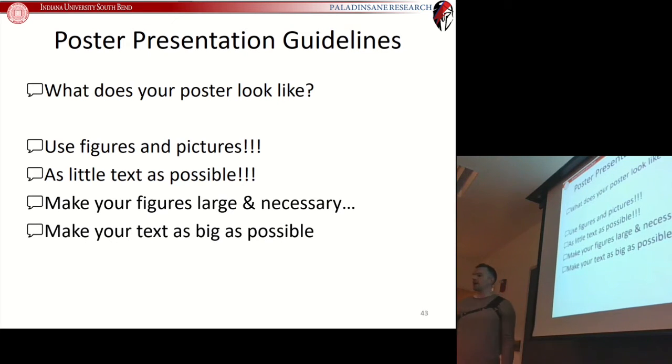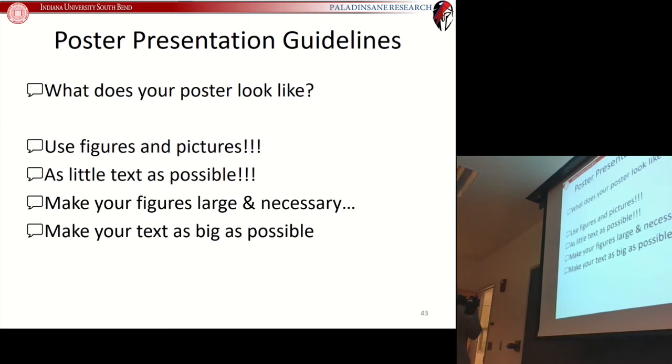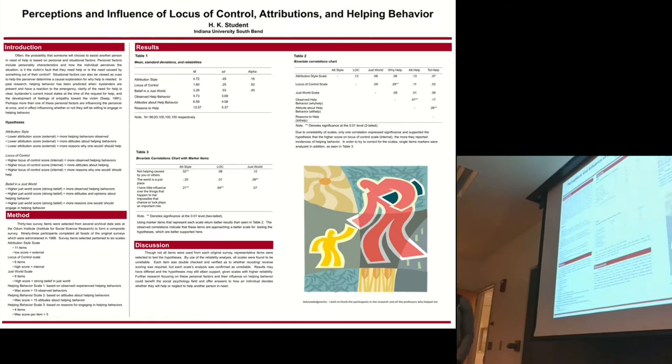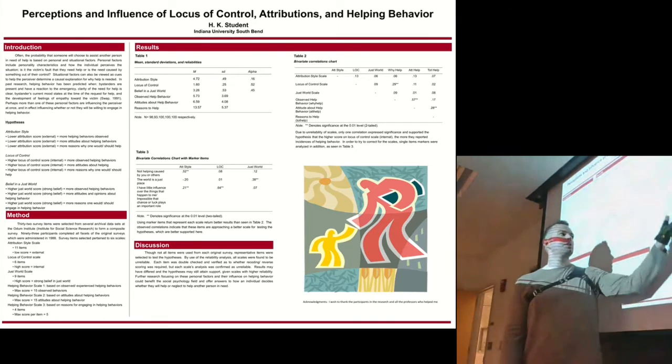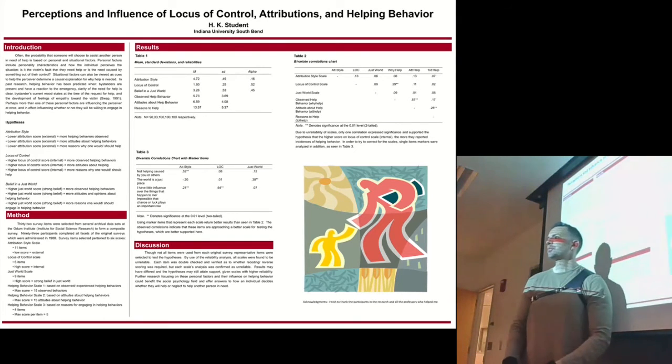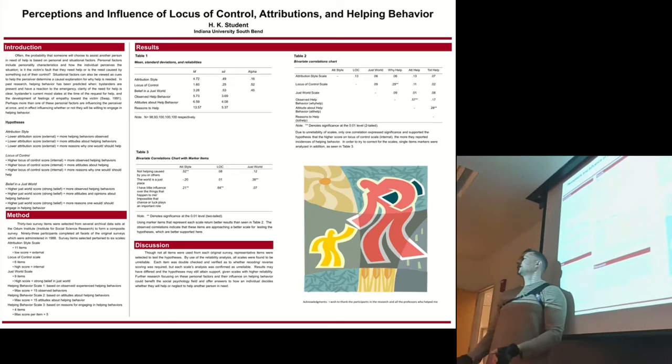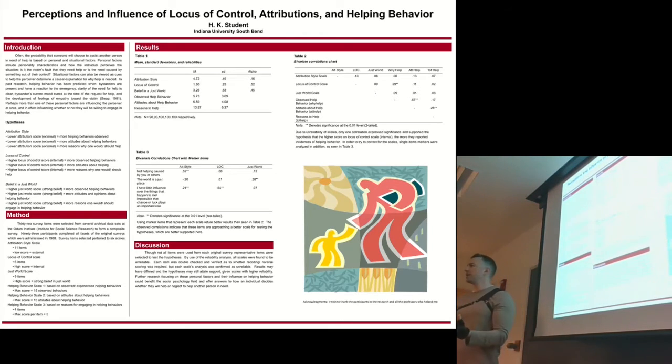So one thing that really is a bit of a pet peeve for posters is when I see something that looks like this. So perceptions and influence of locus and control attributions in helping behavior, right? You might think to yourself, well, this is helping behavior. Look, this person is helping this person. It adds nothing to the poster. It's basically just filler.